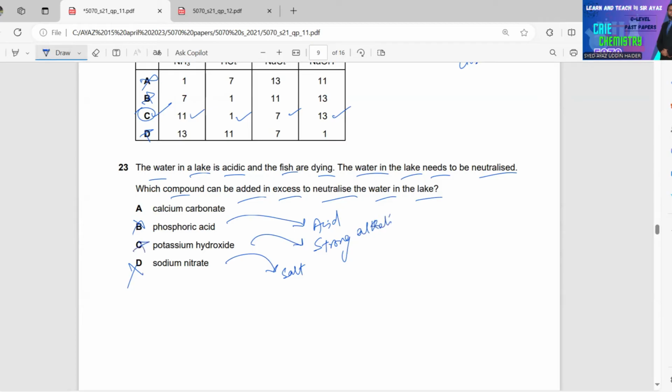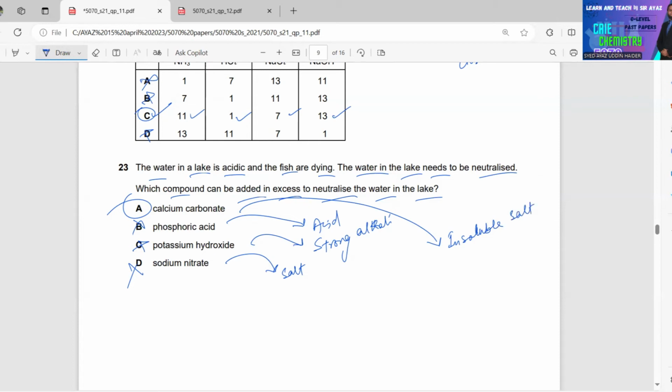So this won't be the right choice. A looks correct to me because calcium carbonate will only react with the acid. Calcium carbonate is an insoluble salt. So it will only react with the acid.